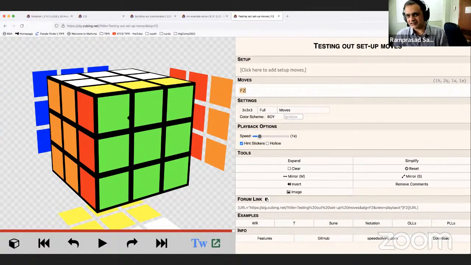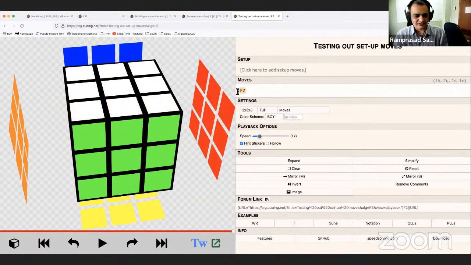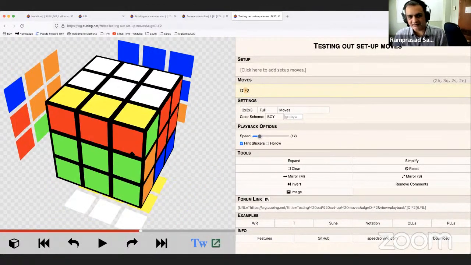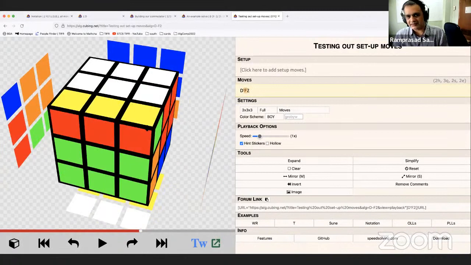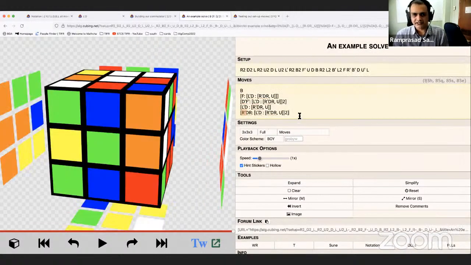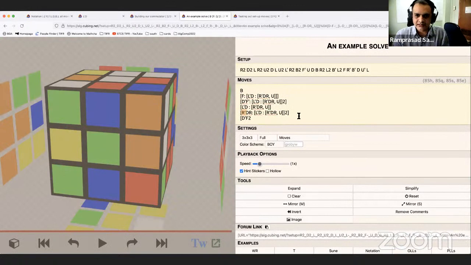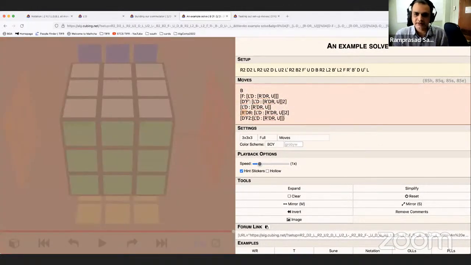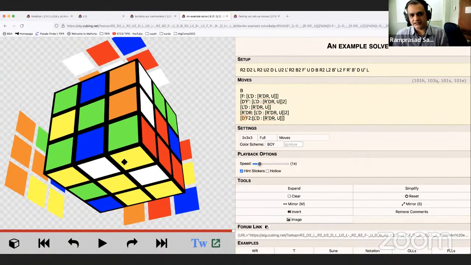That's not what I want. So if you just do a D prime followed by F2, the yellow, red, green ends up coming to the place that you want without affecting those two corners. So let's do that. And that ends up solving that corner also.